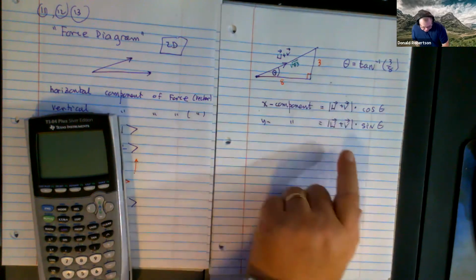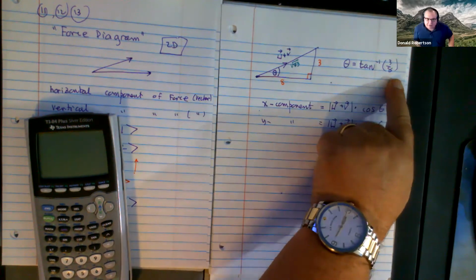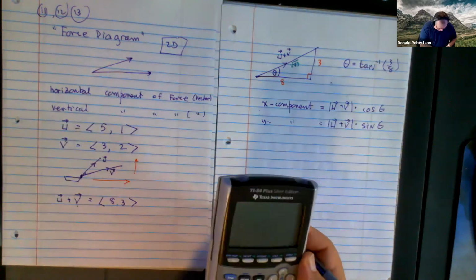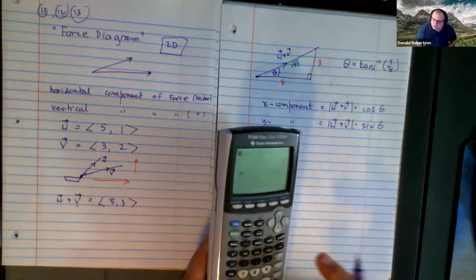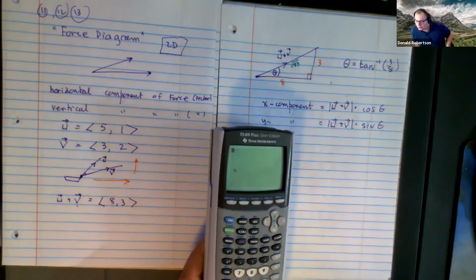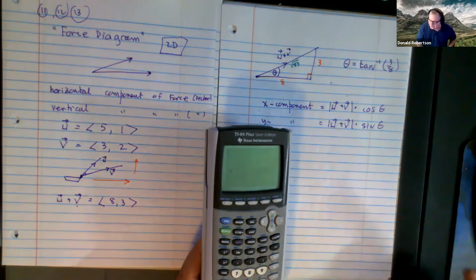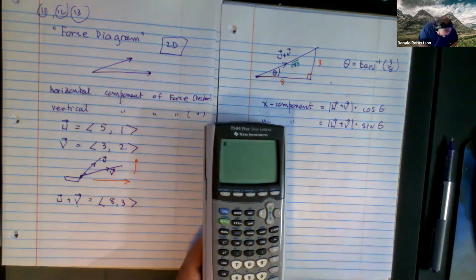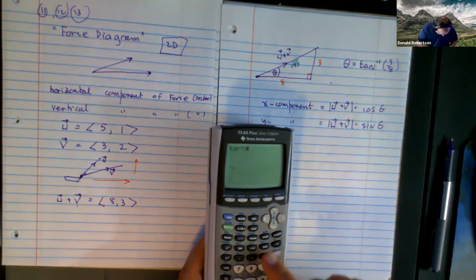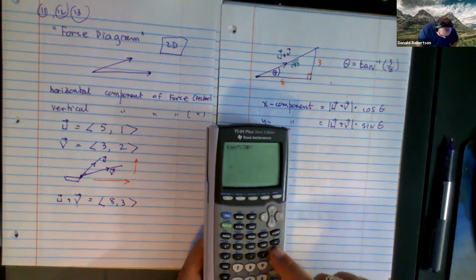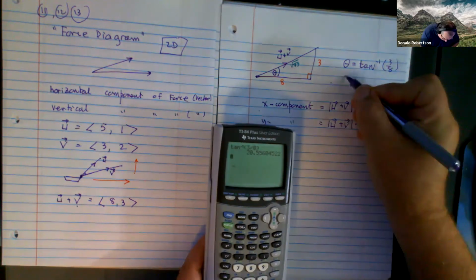Okay. Now, we can do inverse tan to get the angle. Make sure your calculator is in degrees because we're engineers and engineers don't know what radians are. So inverse tan of 3/8. And the answer I get is about 20.6 degrees.